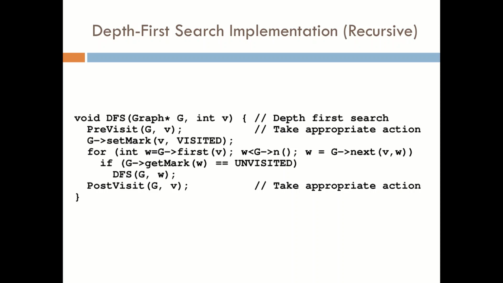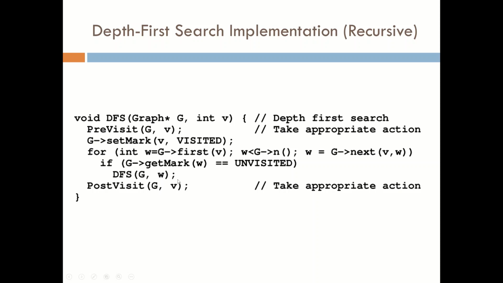Here's one that is a little busier because it's got some comments, but it's basically the same thing, where we take in a graph and a vertex and we pre-visit. In this particular method they do a pre-visit and they do a post-visit. That's not always necessary.